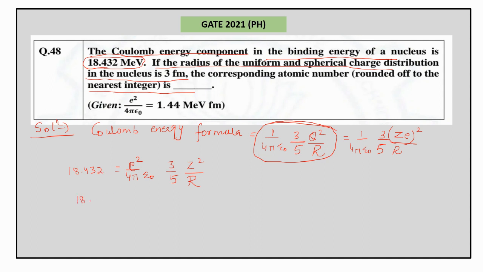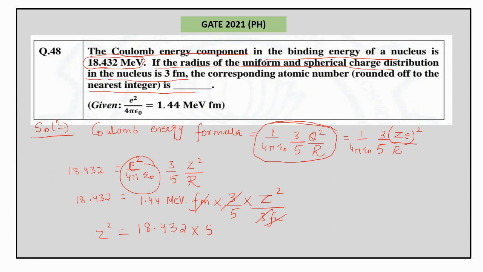So 18.432, and e square upon 4 pi epsilon naught is 1.44 MeV Fermi. 3 by 5 Z square, Z square we need to find out, and r is 3 Fermi. This will cancel. Z square is equal to 18.432 into 5 upon 1.44. So what will be the value?